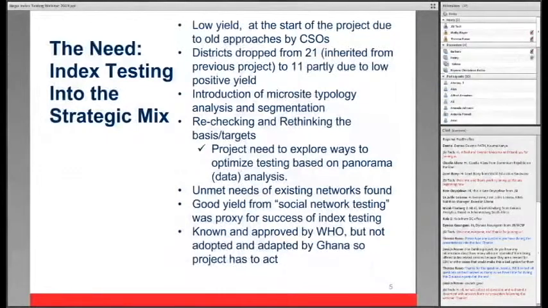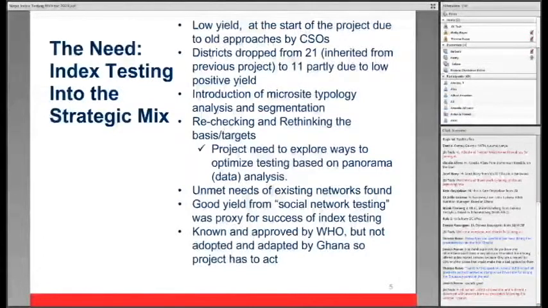Starting from 2016 for the project, we realized that we have to increase yield. Civil society organizations at the community level continue to use different approaches. We realize that USAID, because of low yield from some of the districts in the previous project, actually dropped the number of districts to 11.